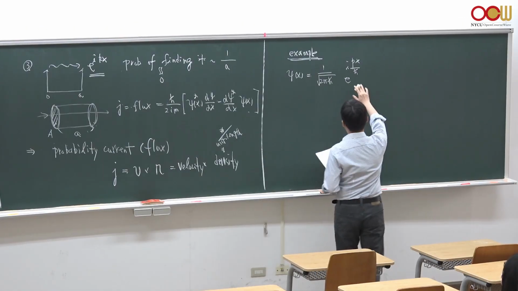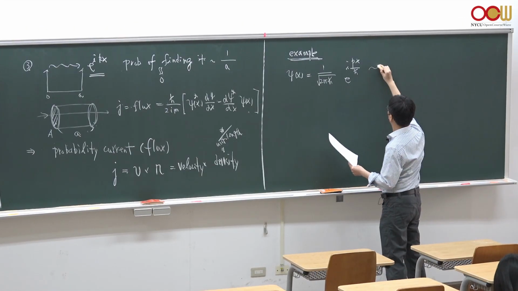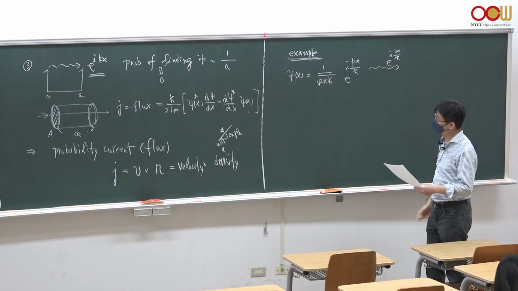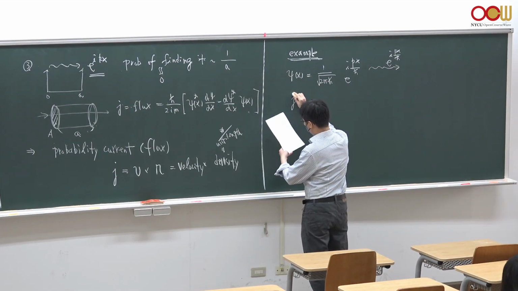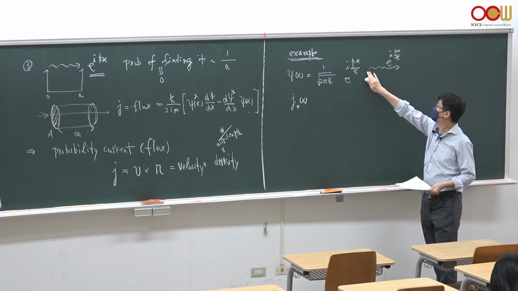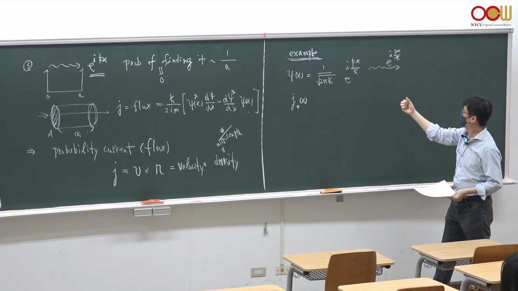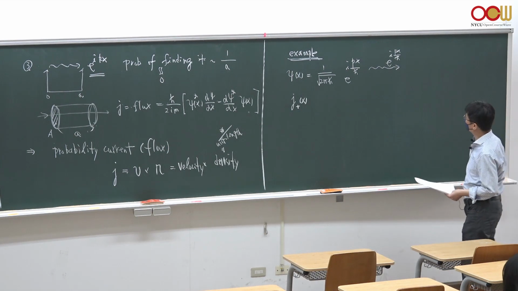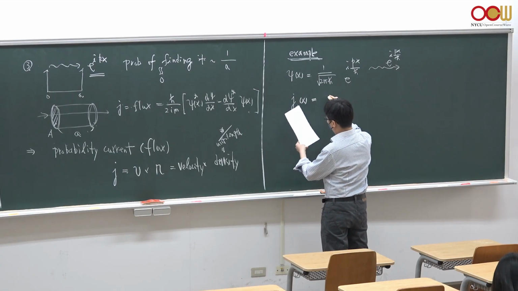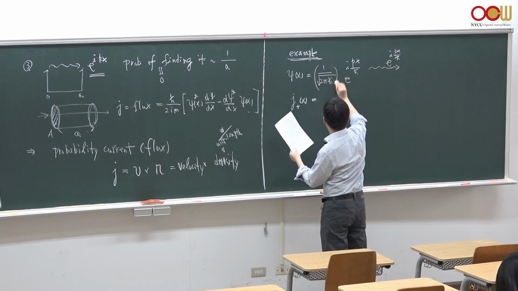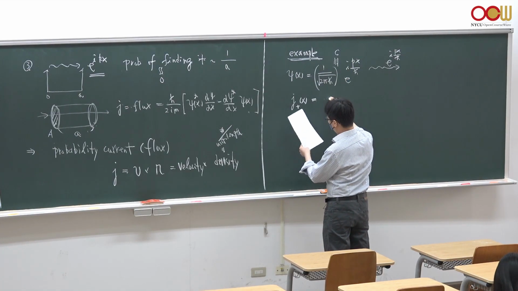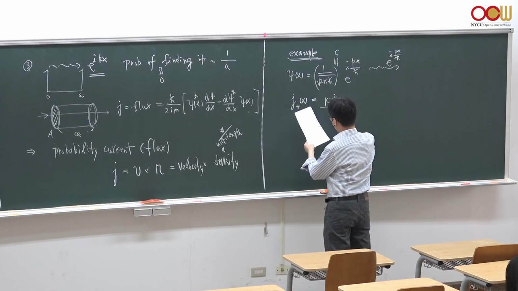If you have this plane wave traveling from the left to the right, like this, you can calculate this flux, which I call J plus, because this travels from left to right, to the positive x-axis. If I call this just C as a prefactor, this is simply C squared over m times p.